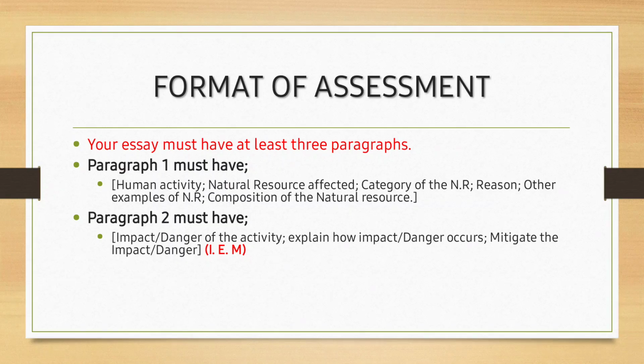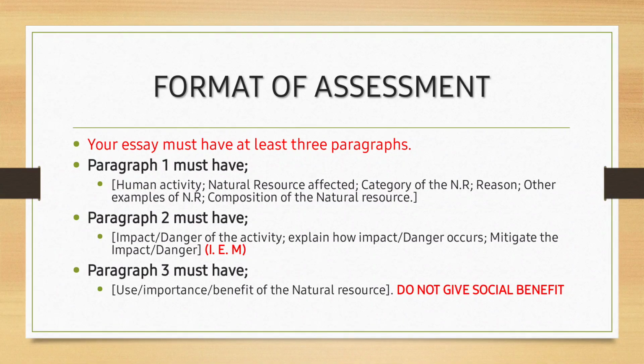Impact, explain how the impact occurs, and M, mitigate the impact. And what is paragraph 3? In paragraph 3, you must have the use or the importance or the benefit of the natural resource.